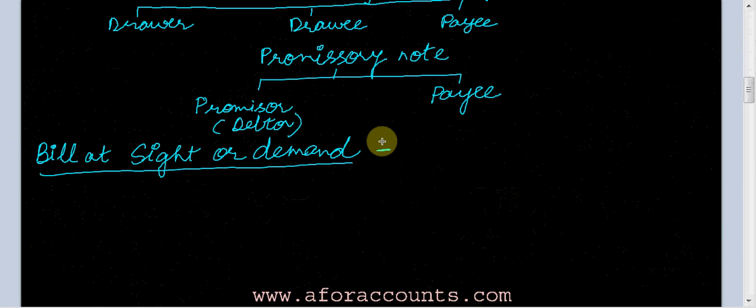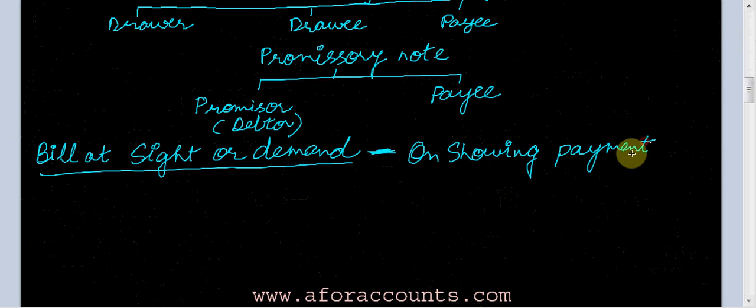So when, on showing the instrument, the payment has to be made, it is called a bill at sight. That is, on showing, payment needs to be made. That is called a bill at sight or demand. Okay.